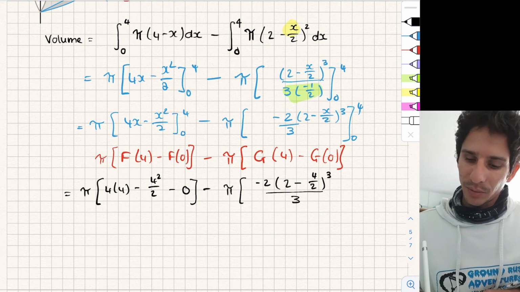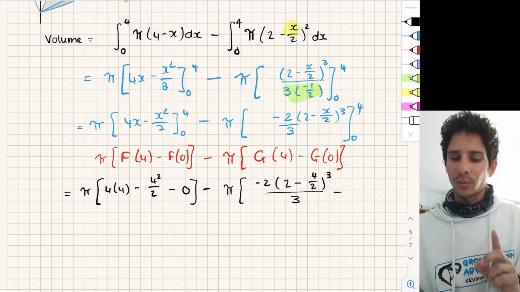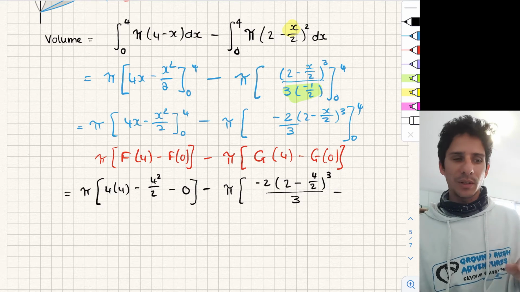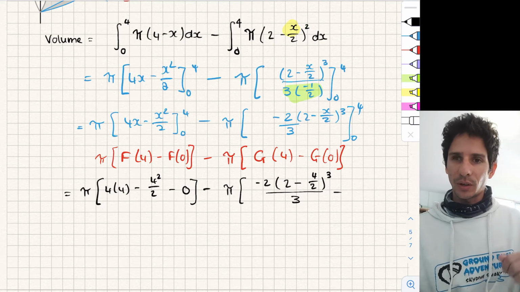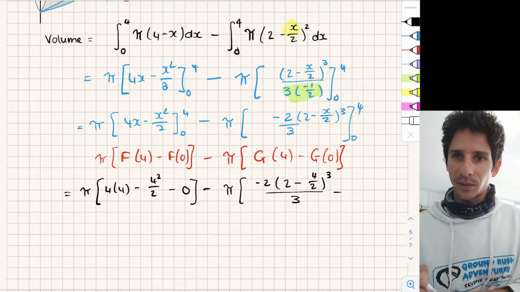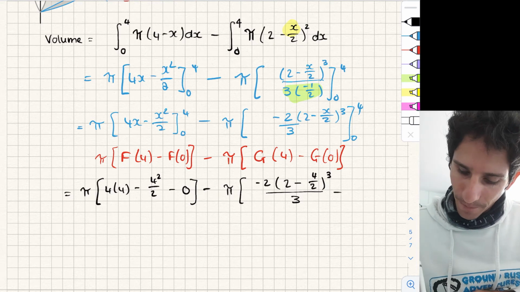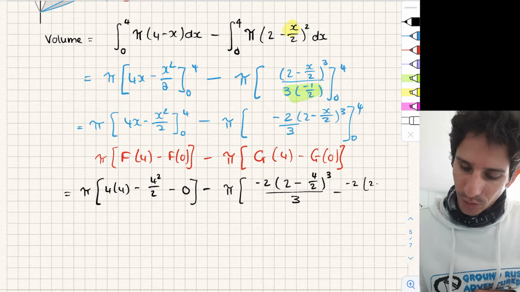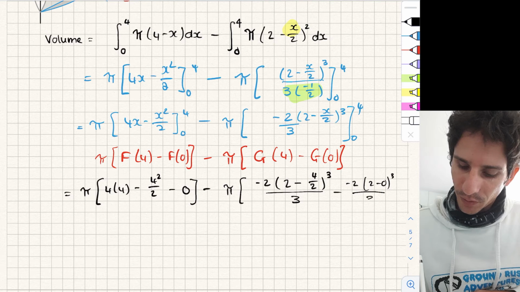And I can see I'm going to be taking away, now this time we have to be careful, because even though we're taking away 0, that's not going to cause the whole thing to become 0, right? There's still going to be something left over. So we're going to get minus 2 times (2 minus 0) cubed all over 3.